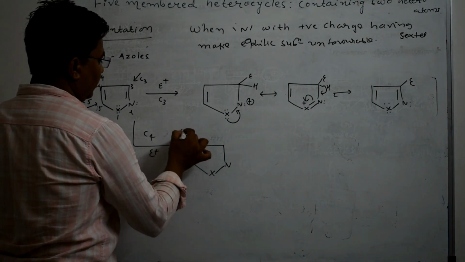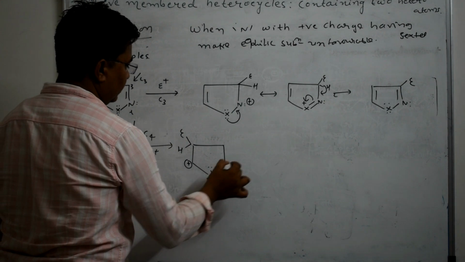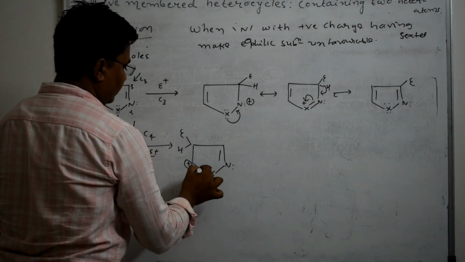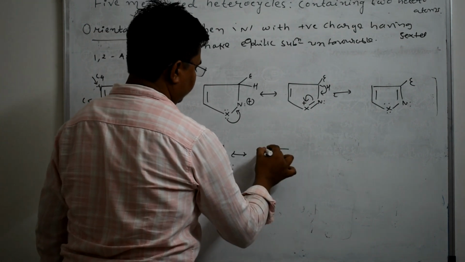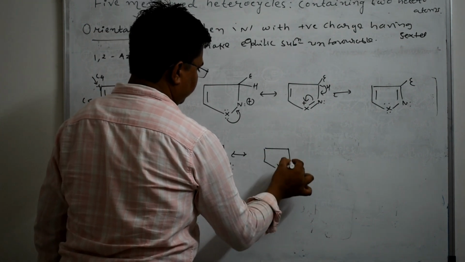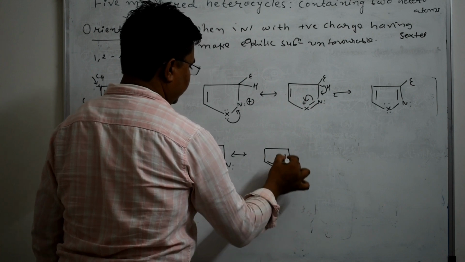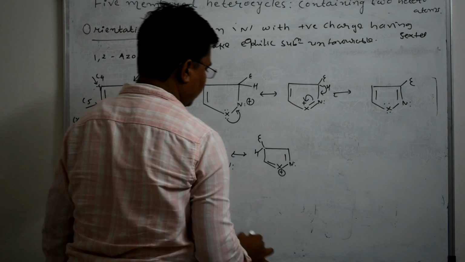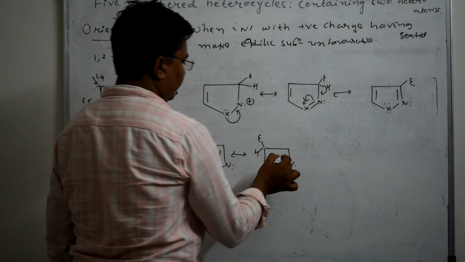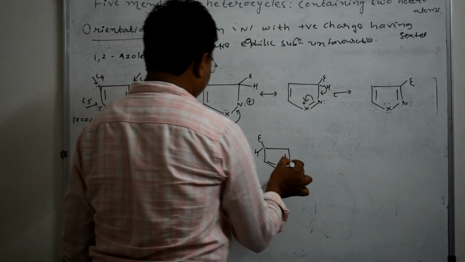Here is your electrophile and hydrogen, this will become positively charged. This electron will be transferred over here. This will become positively charged. So this group will be transferred over here.